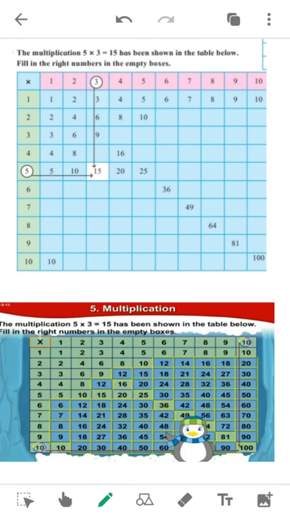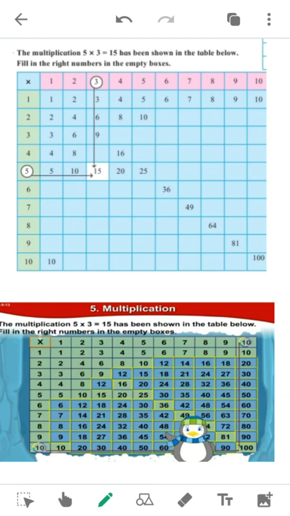In a previous video I have already explained some tables, but in this video I will explain in detail. So let's start the video.